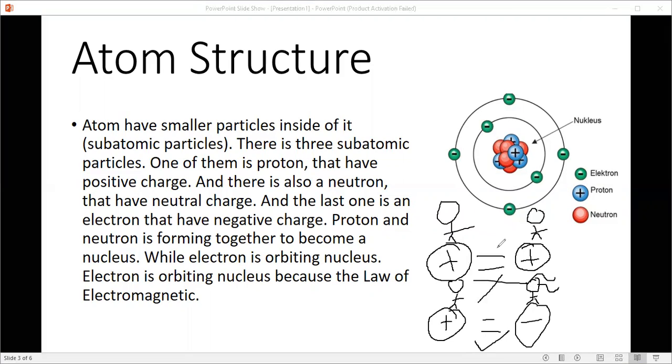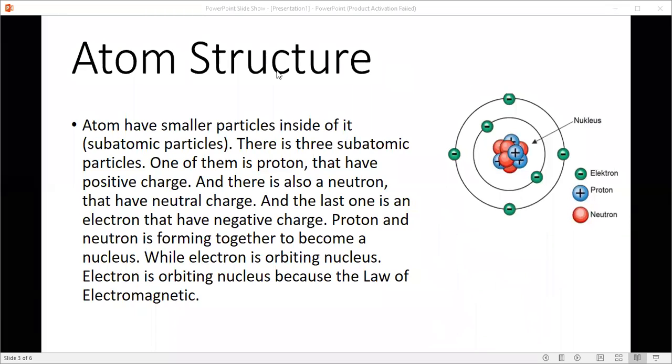So we can just say positive meets positive will reject each other, but when positive meets negative, they will join each other. Okay, you understand? Yes, Mister. Okay, next.